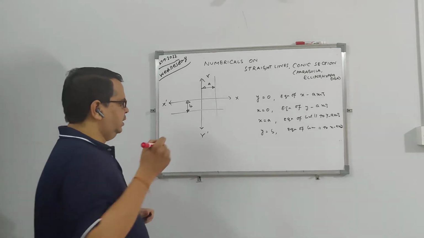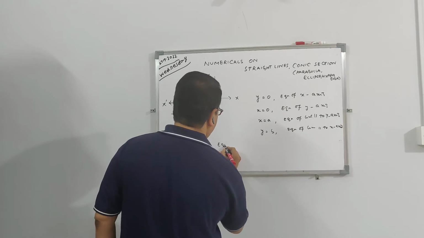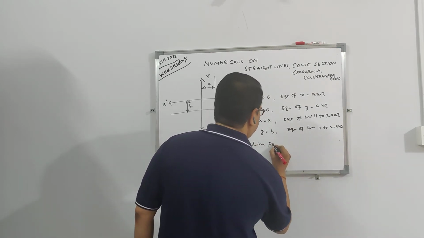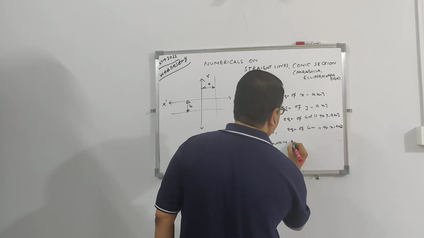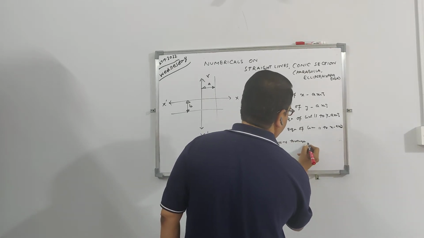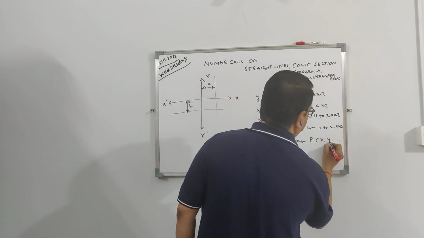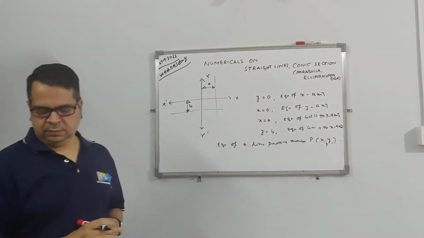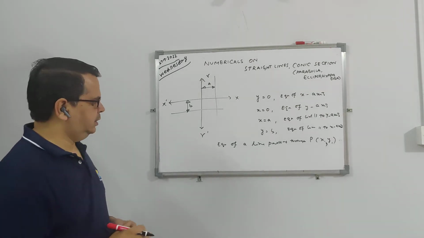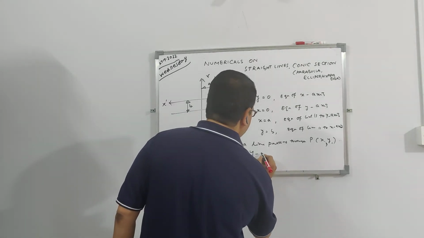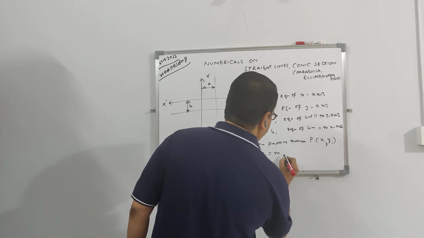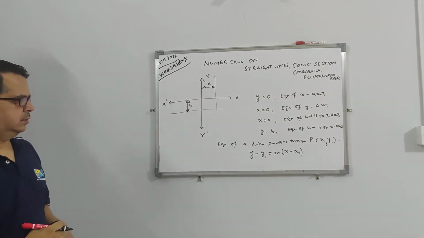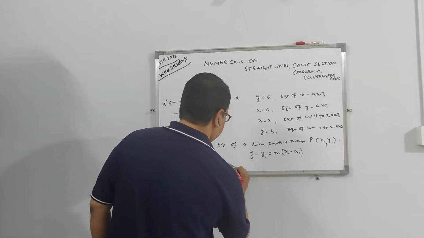And there is another form, say the equation of a line passing through a point x1 y1. So what is the equation? That is y minus y1 is equal to m into x minus x1, where m is the slope.